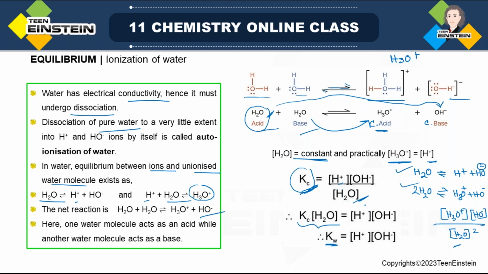First we have written Kc, not Kw, because ultimately this concentration is constant. If you multiply this constant part with Kc, you get another constant, which is now Kw. So the final expression for the ionization constant of water, considering these two conditions, is the H+ concentration multiplied by the hydroxide ion concentration. Okay.